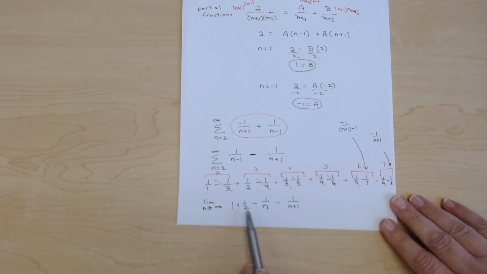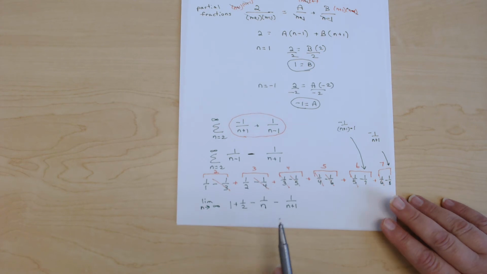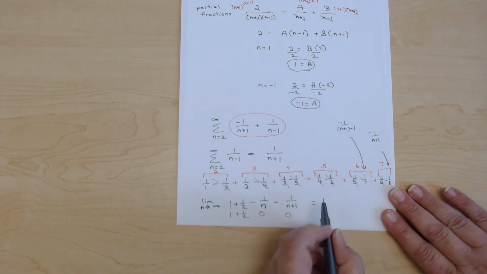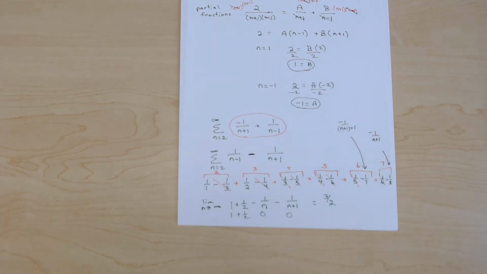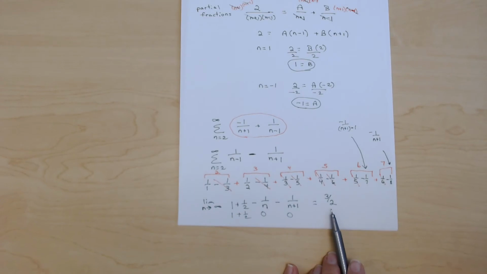As I put in a bigger and bigger number, this is headed towards 0. Same with this guy, headed towards 0. So this is 0, this is 0, 1 plus 1/2, so it is 3/2. So if we add all of these up, it's going to approach 3/2.